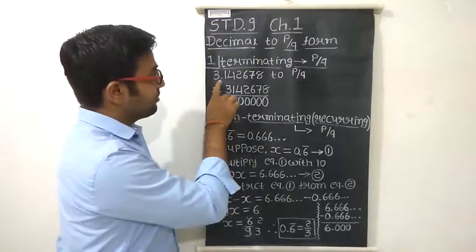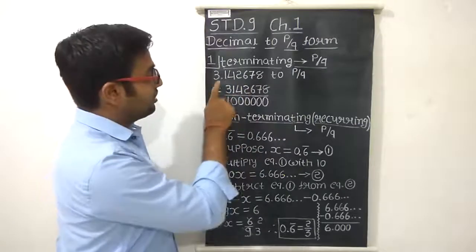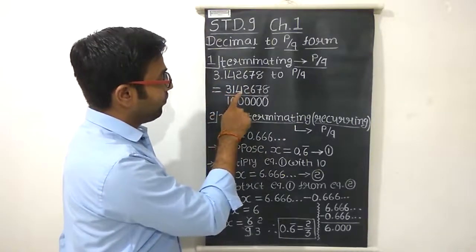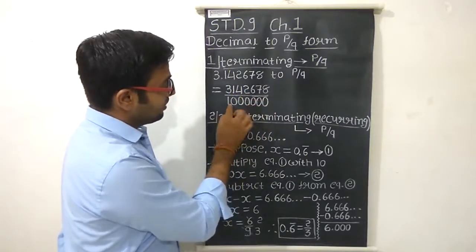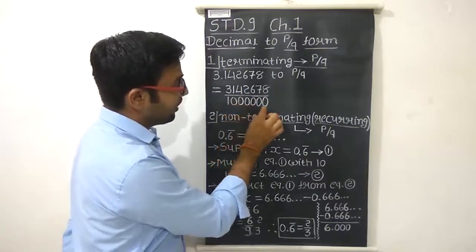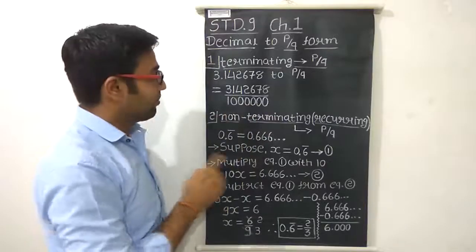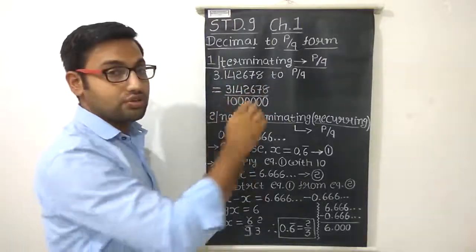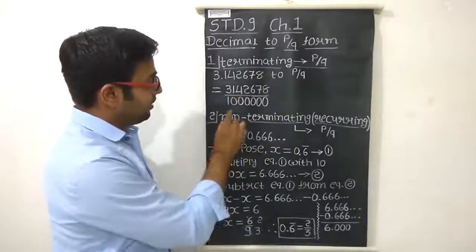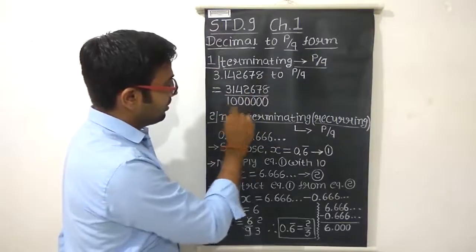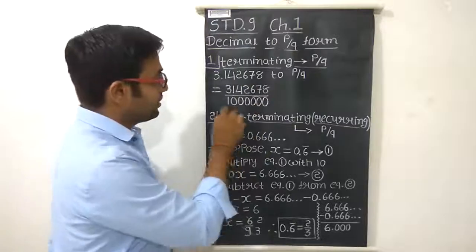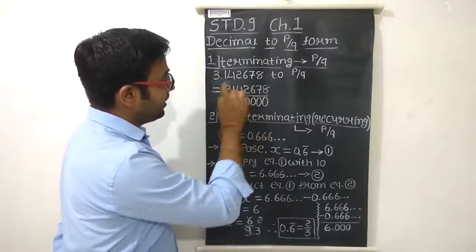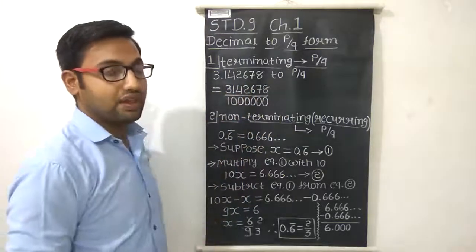By taking this decimal point to the sixth position, this number will become 3142678. But we have to divide it by 1, 2, 3, 4, 5, 6 zeros, right? Because we moved six positions to the right hand side, that is why we have to divide the number by this many zeros. Okay. So now this form is of P upon Q form, right?